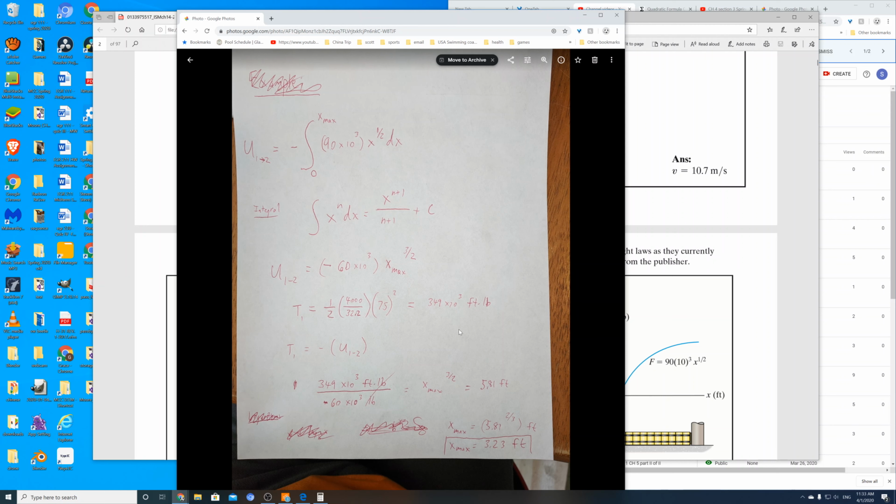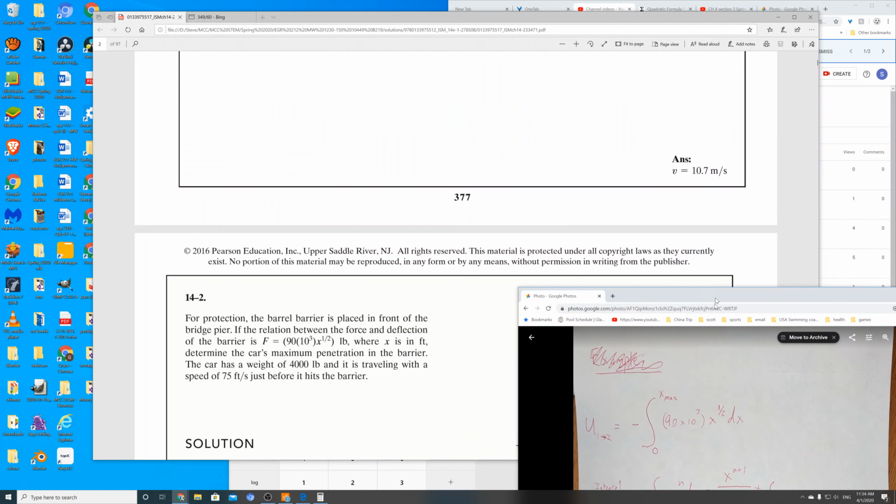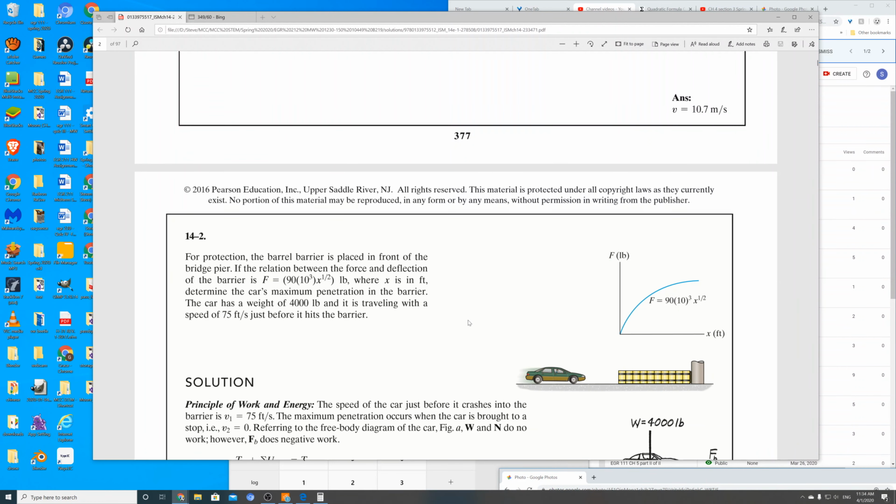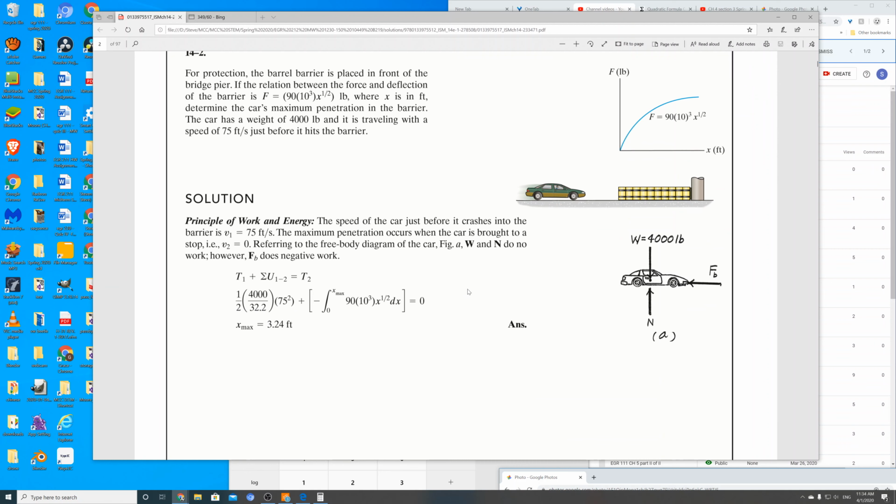All I do is divide both sides by 60 times 10 to the third pounds, and that cancels the pounds, and we're left with x max raised to the 3/2 power equals 5.81 feet. If I raise both sides to the 2/3 power, I come up with the final result, which was 3.23 feet.